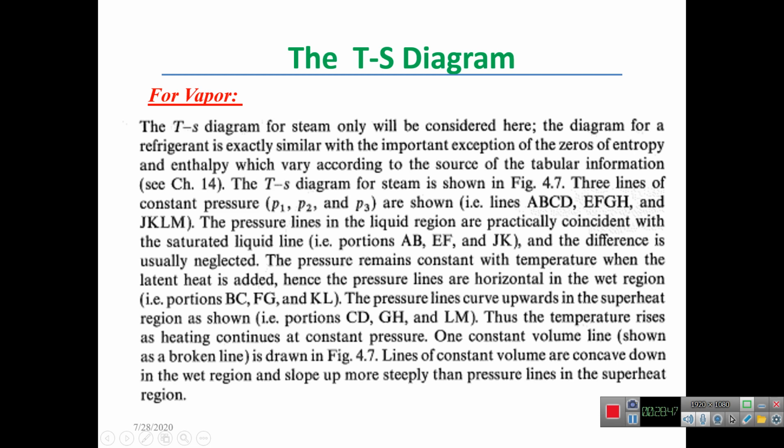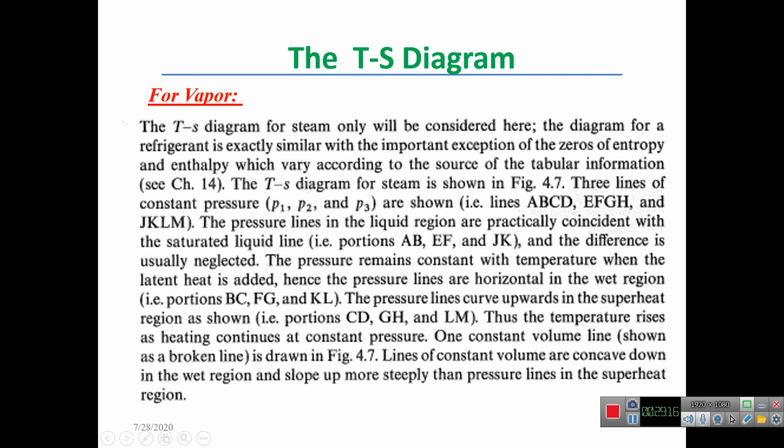In many cases, we actually assume in the liquid region that the property is the same as the property of the saturated liquid line at that particular pressure. Portions A, B, E, F, and J, K are the portions in the liquid region, and the difference is usually negligible, especially in cases like the volume and so on.